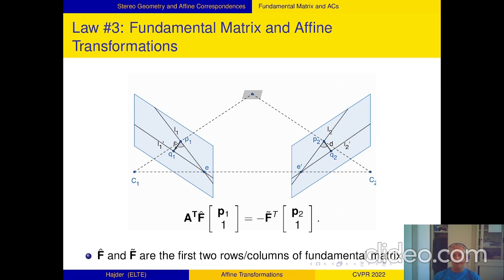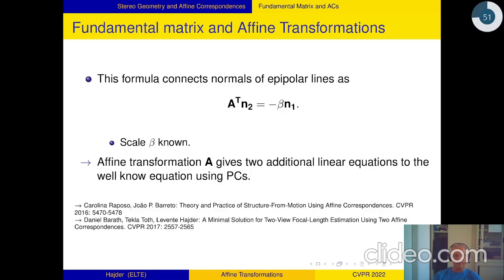And this seems to be one equation. However, on both sides there are two-dimensional vectors, so there are two linear equations, because you see here that affine transformations are multiplied by the elements of F and P1 and P2. So it's a linear equation with respect to the elements of the affine transformation. The formula can be written in a very similar form.